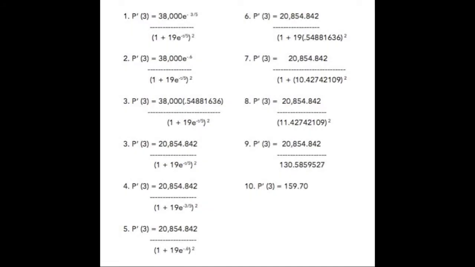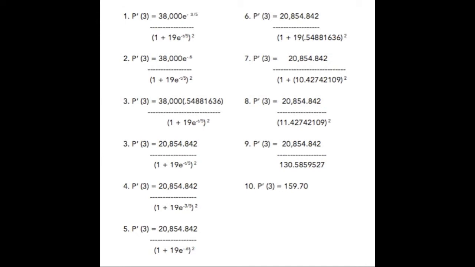So by using the derivative we got, we have to insert the 3, that is your 3 months. So it will be 38,000 e to the power of negative 3 over 5 over 1 plus 19e to the power of negative t over 5, in parentheses to the power of 2.